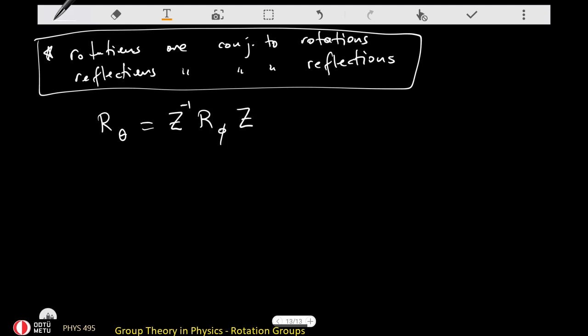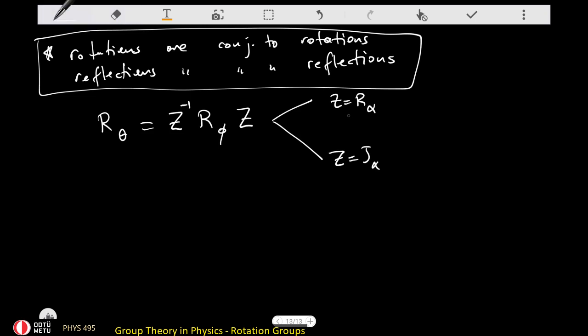Now there are these two cases. Z might be a proper rotation, or Z might be a reflection. If Z is a proper rotation, then in this case, I need to use another symbol in here, so let me use a third angle. I'm going to call this R alpha. What I was going to say is this.